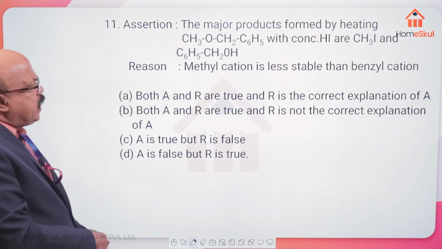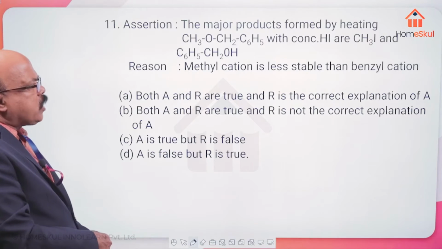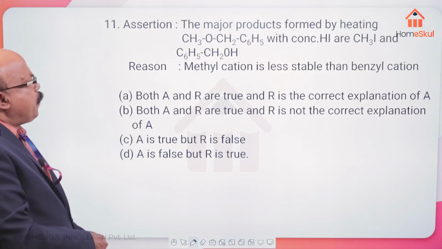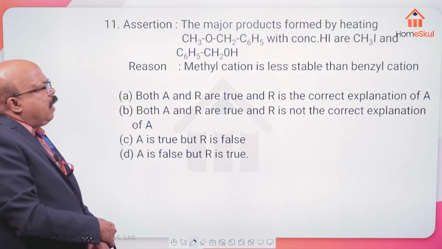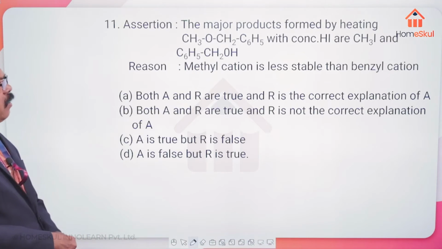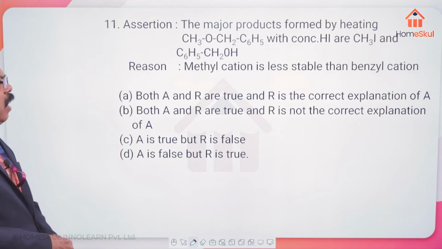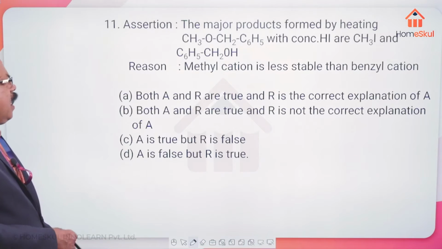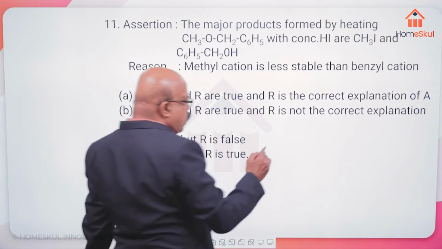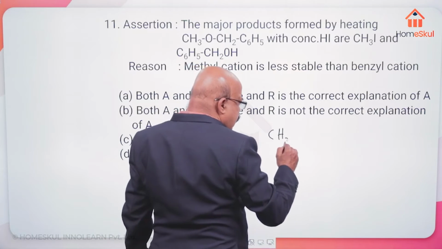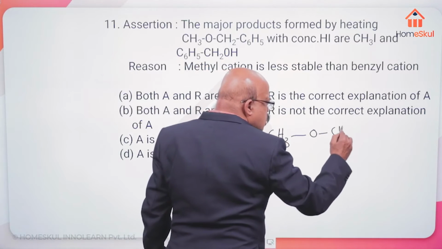When methyl benzyl ether is treated with concentrated HI, the assertion says the major products are methyl iodide and benzyl alcohol. Is it true? Remember, this is methyl benzyl ether.